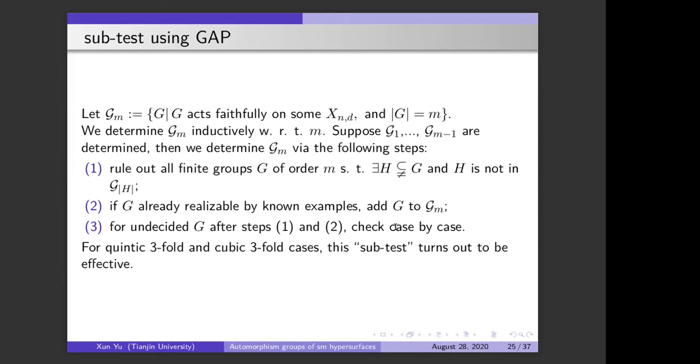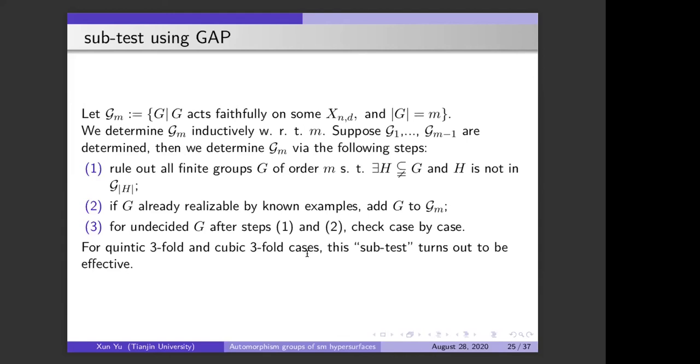That means we look at the character tables, the abelian subgroups, and some other information to decide. We either rule it out by some group theoretical or linear representation argument, or we find a new example. That's the idea.